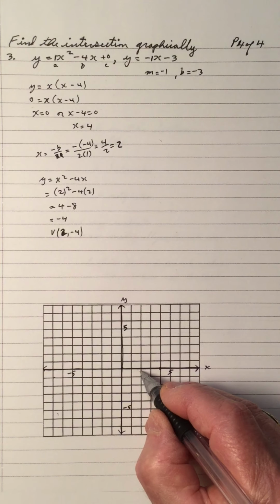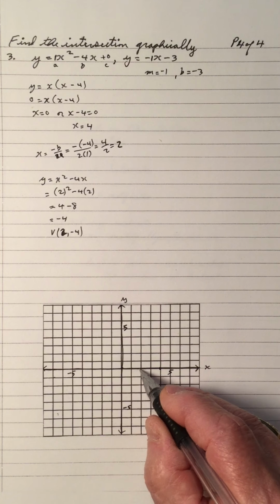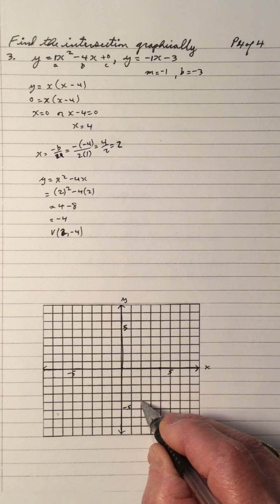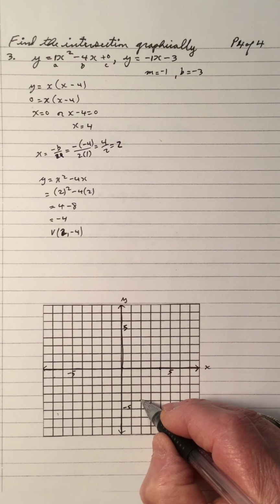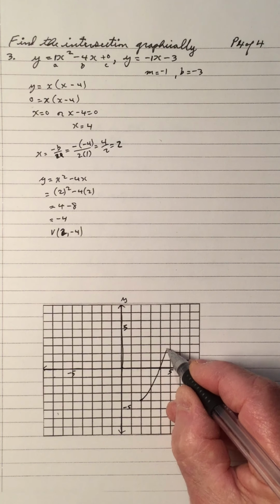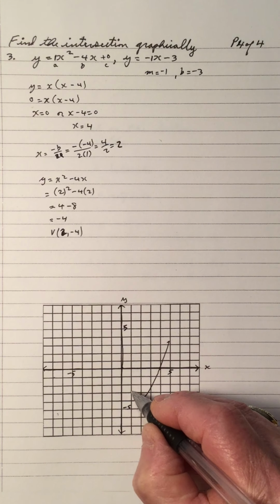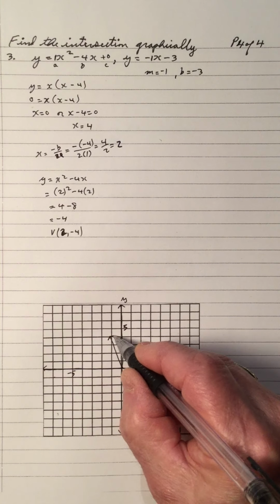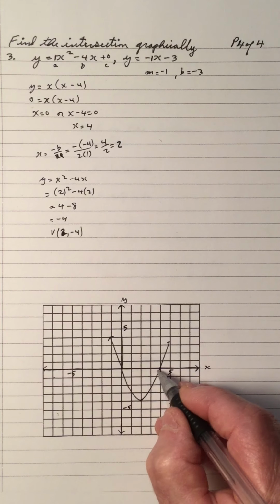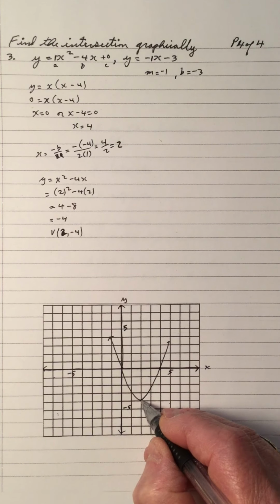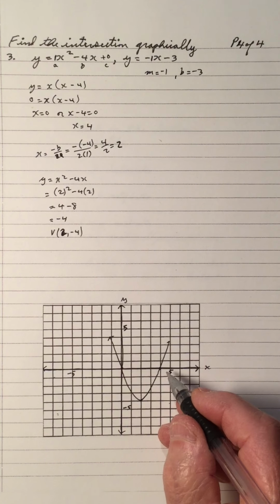So x is 2, y is -4, 2, -4 right there. So we have a parabola that's doing this. Notice the x-intercepts are 0 and 4. The vertex is right here at 2, -4.